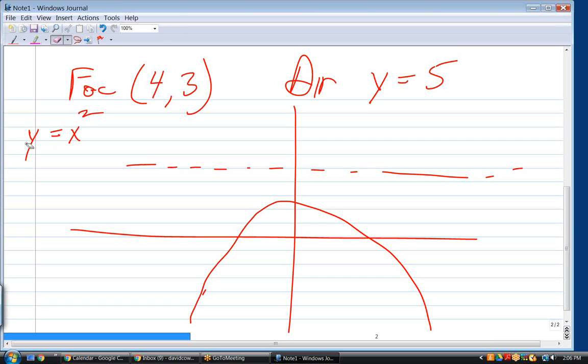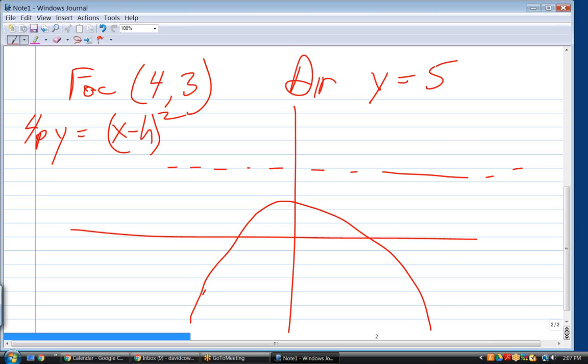But when you're talking conic sections, that format is a little different. When you're talking vertical parabolas, your school might do it a little differently.